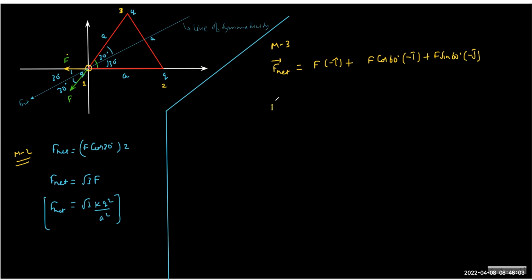Yes, sir. And you can clearly see that we can rewrite this as minus 3F by 2 i cap and root 3F by 2 minus j cap, and that is exactly the answer we got in the very beginning: 3 i cap by 2 minus root 3 j cap by 2.